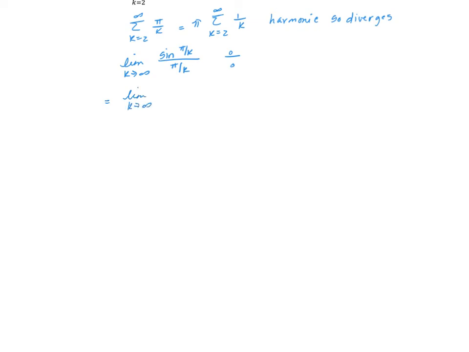So the derivative of sine is cosine, chain rule, right? So it's cosine of pi over k times the derivative with respect to k of the argument, pi over k. And then when I take the derivative in the denominator, I'm just going to write out that I'm taking the derivative of pi over k.